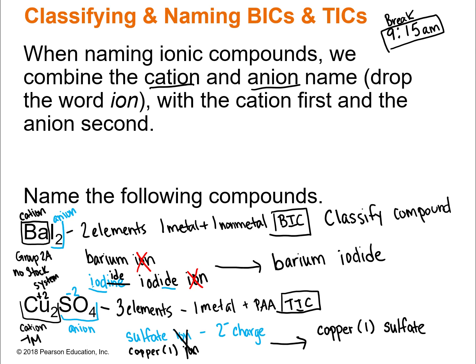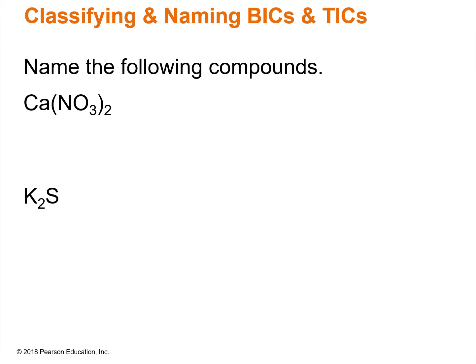Yeah, we're going to do some more examples. I've got more on the next page. So if you just want to do more examples, we can walk through those together. Before we start naming these, let's classify them both. So take a minute and classify each of these compounds.